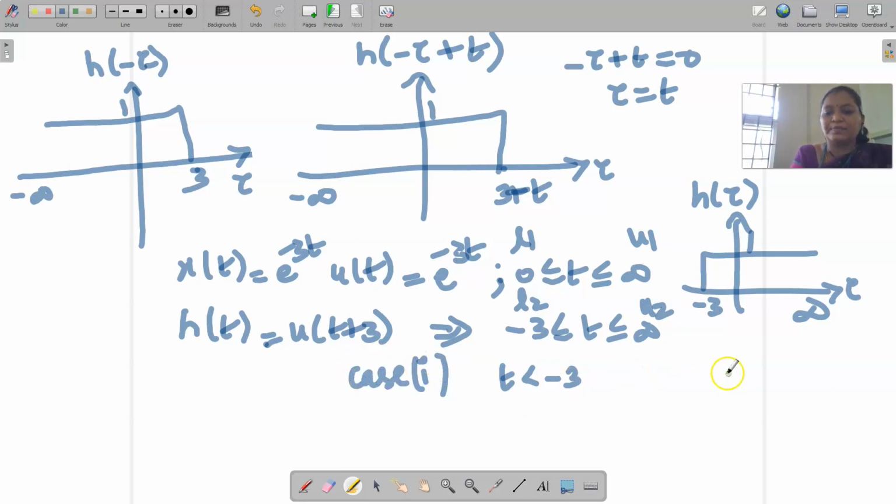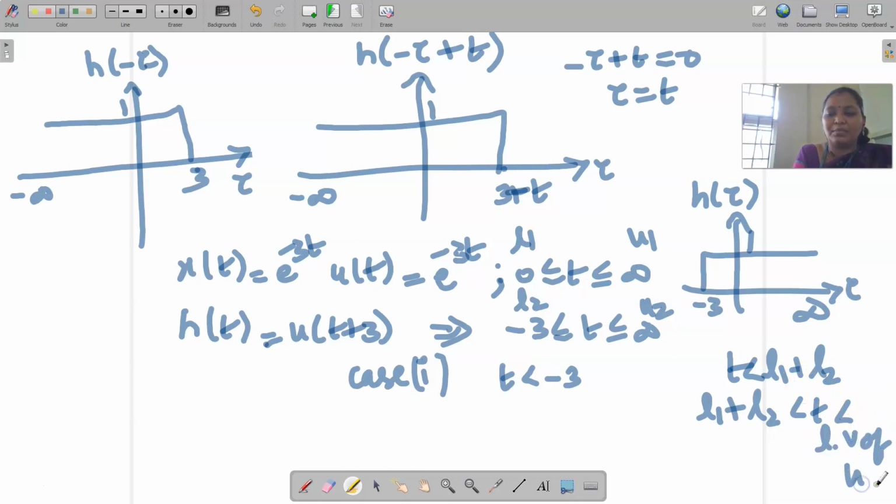Second case: L1 plus L2 to the lower value of your upper limit. So I start from L1 plus L2, minus 3, to the lower value of upper limit.